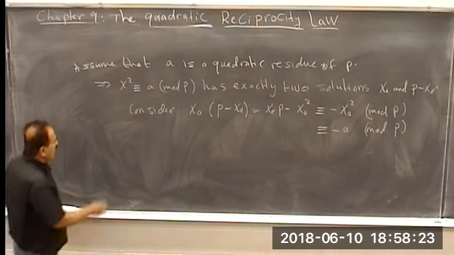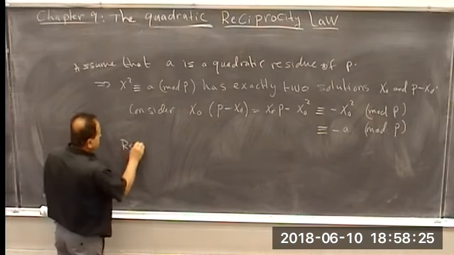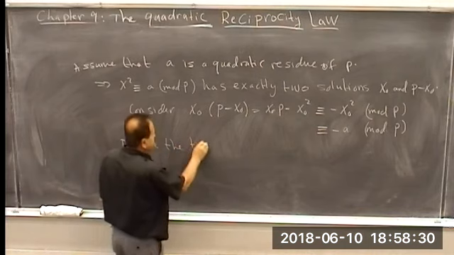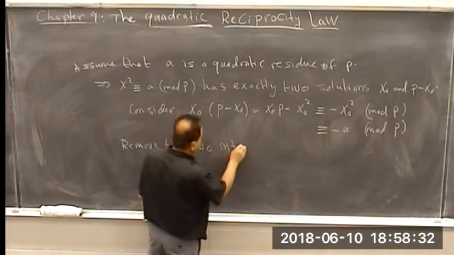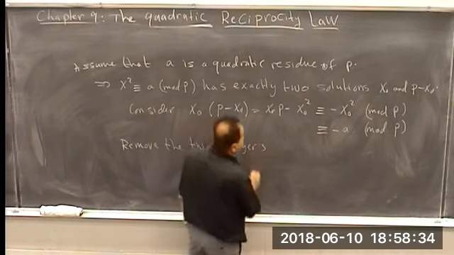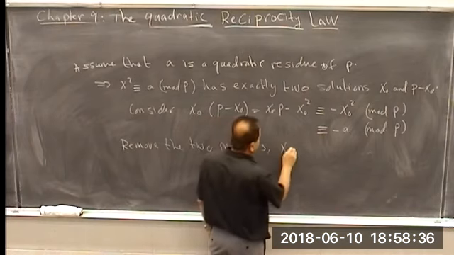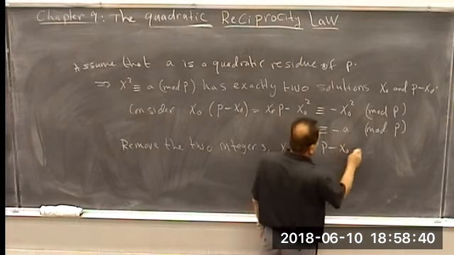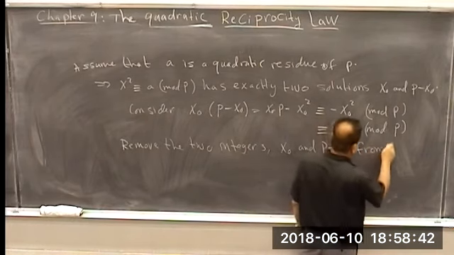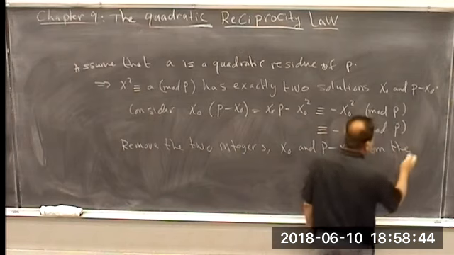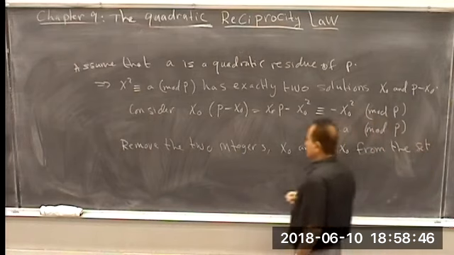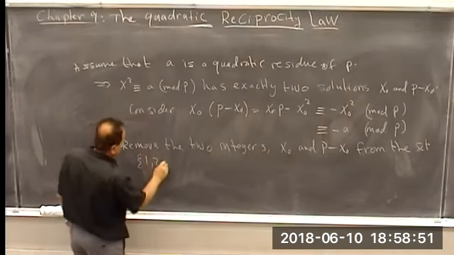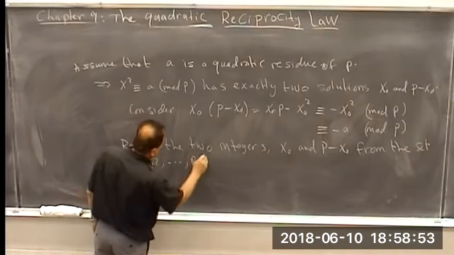Now, we're going to remove the two integers x sub 0 and p minus x sub 0 from the set 1, 2, up to p minus 1.